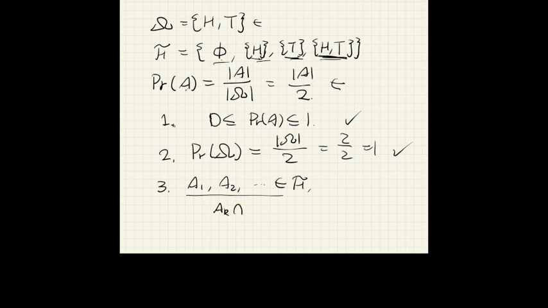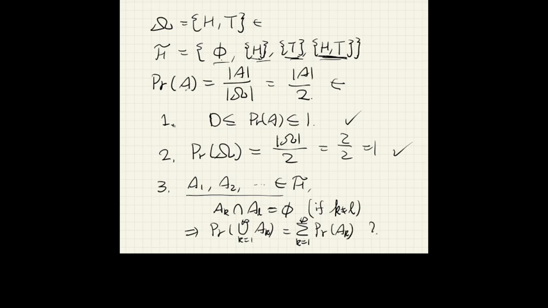A_K intersect A_L should be empty if K is not L. Okay, disjoint. Then the probability of the union of these events is the sum of the probabilities of these events. So does this hold for this probability?